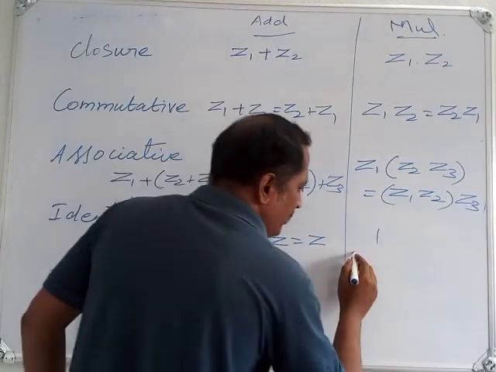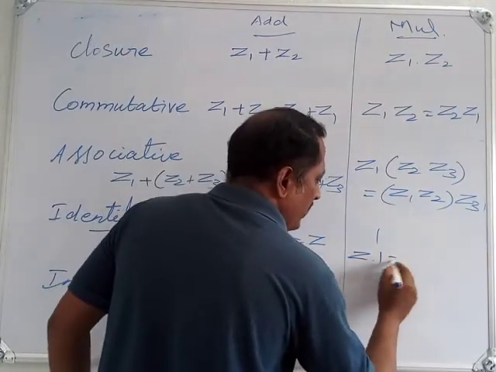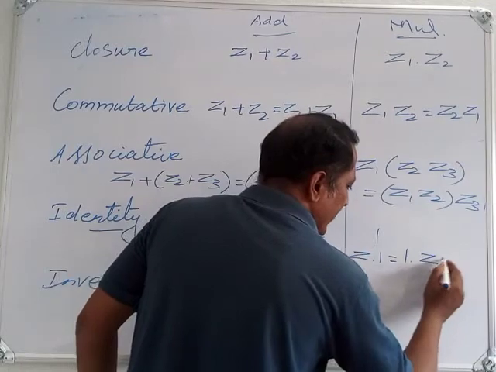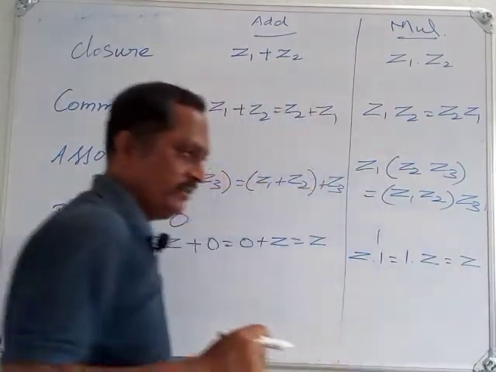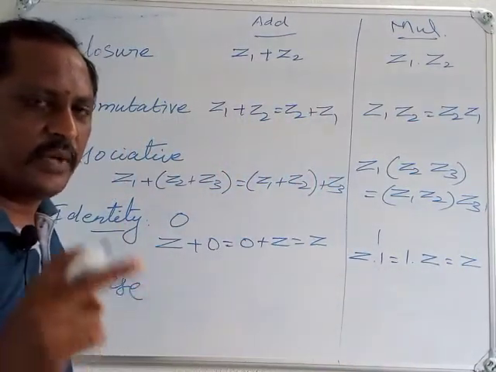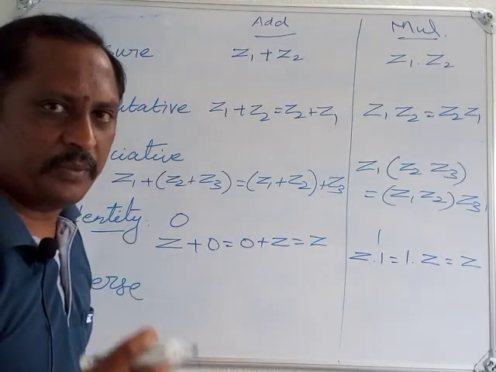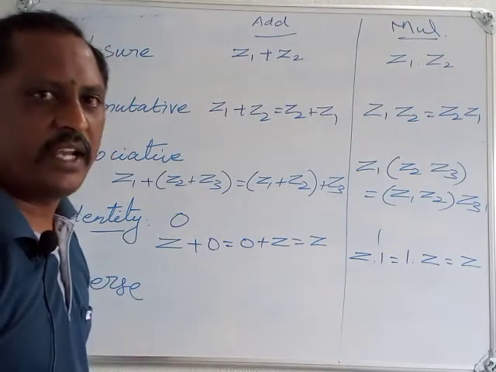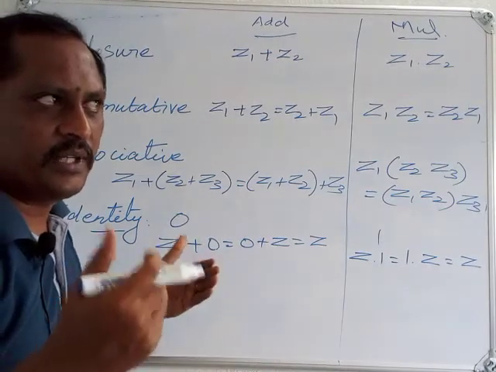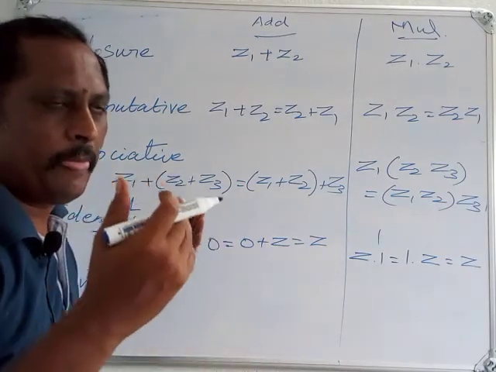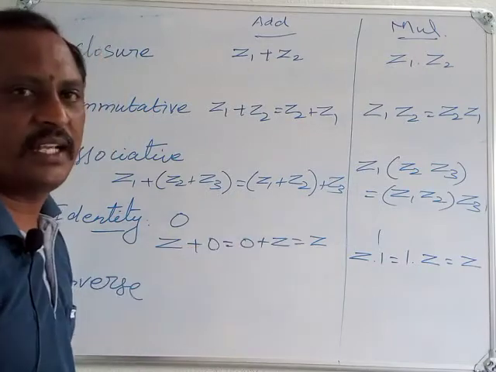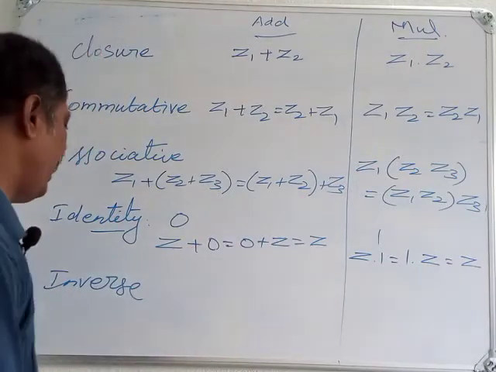Next, we multiply z by 1 and 1 by z, we get the same answer z. So 1 is the multiplicative identity. Multiply any complex number by 1, we get the same number. This number is called identity, that is 1 is the multiplicative identity.